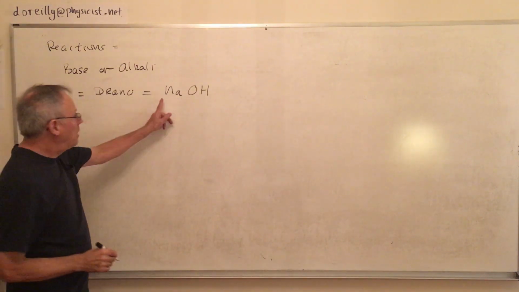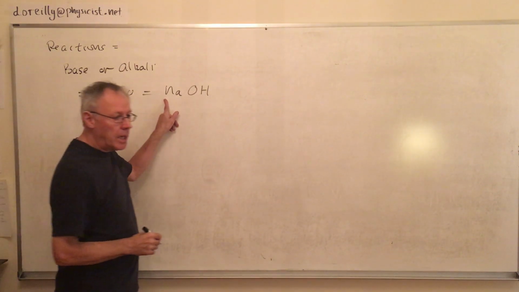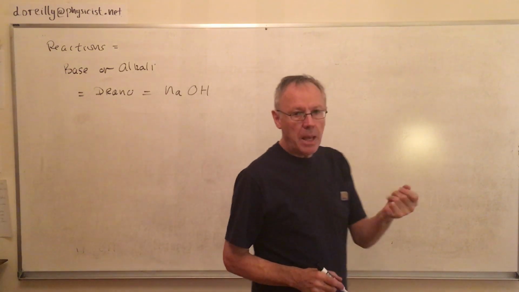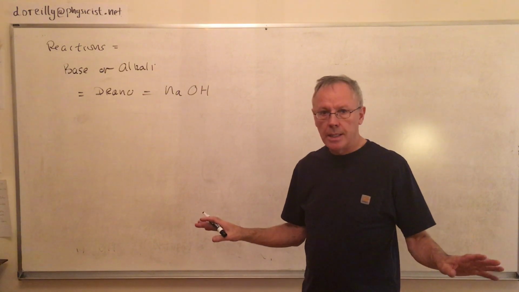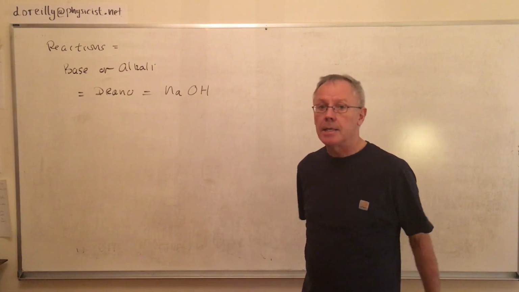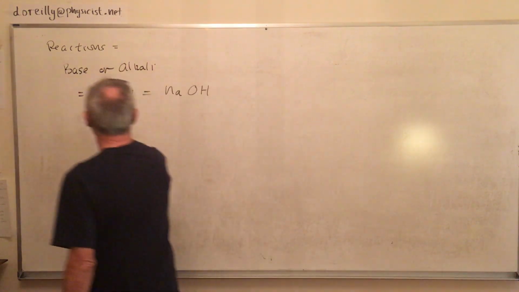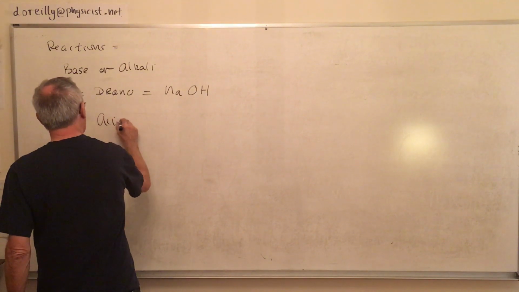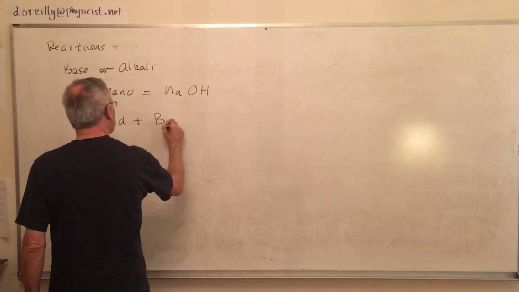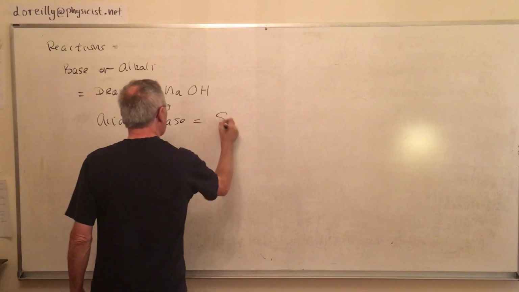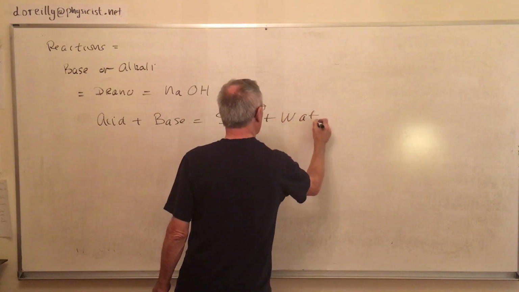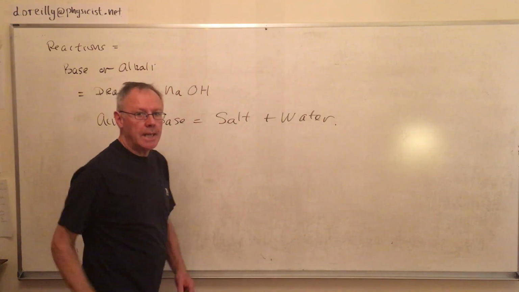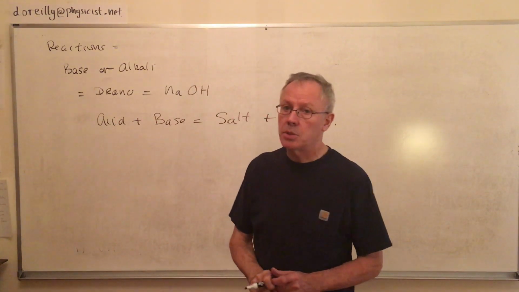This is seriously dangerous stuff, by the way, Drano. It comes in pellets, but when you make a solution out of it, if it falls on you, it'll burn your skin just like any acid, even worse sometimes. Well, the general rule is an acid plus a base gives me a salt plus a water.